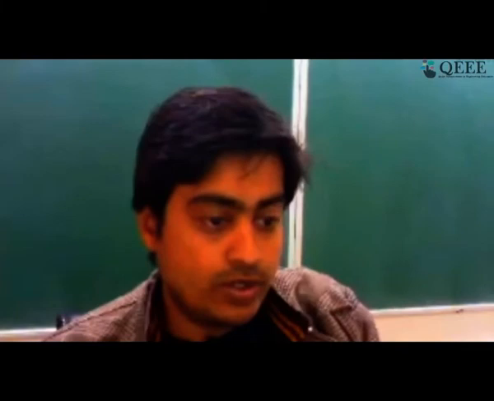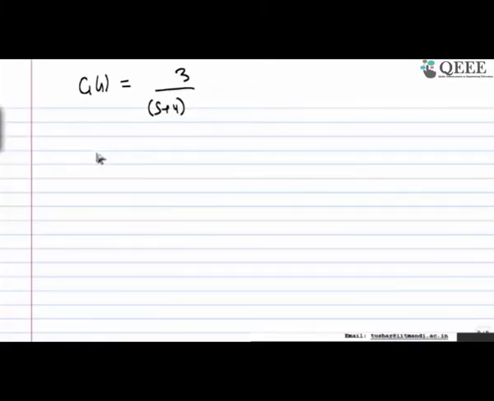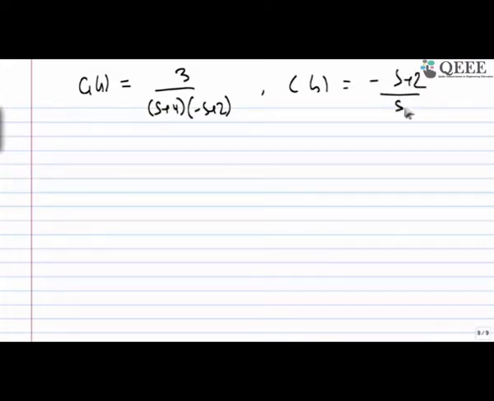Okay, compute it. So T naught of s is nothing but GC over 1 plus GC.